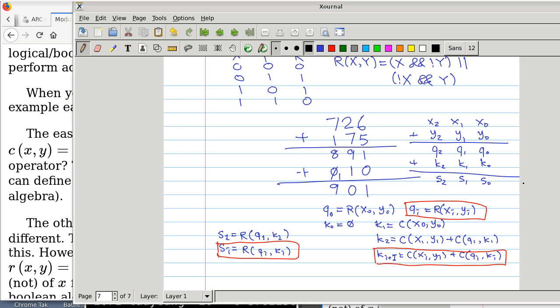But if you have fractions, or some other situations where somebody is giving you a carry to work with, then k0 becomes an input. It can be 0 or it can be 1. And then k1 is the carry of bit 1. In this case, it can be a 1 because x0 plus y0 gives us a carry, but it can also be coming from q0 plus k0.